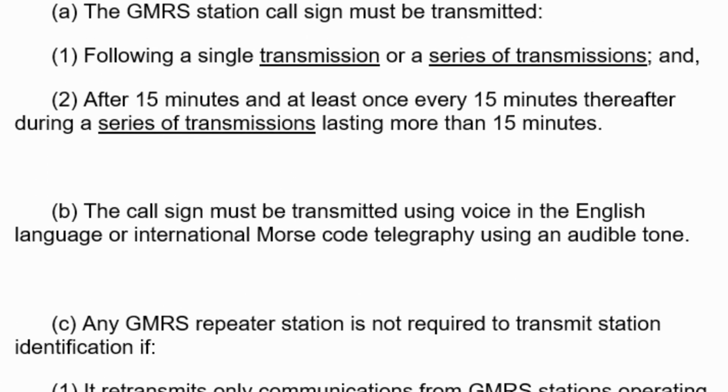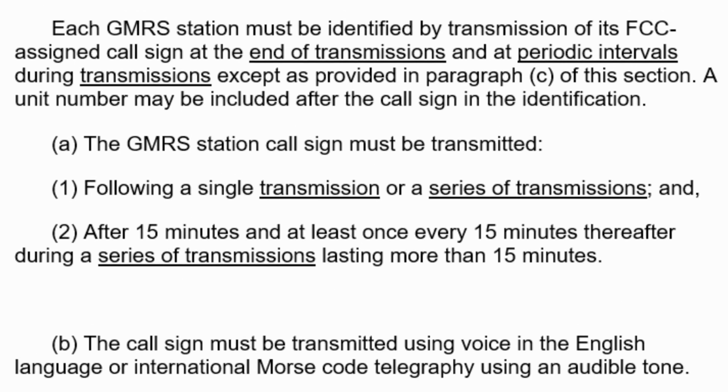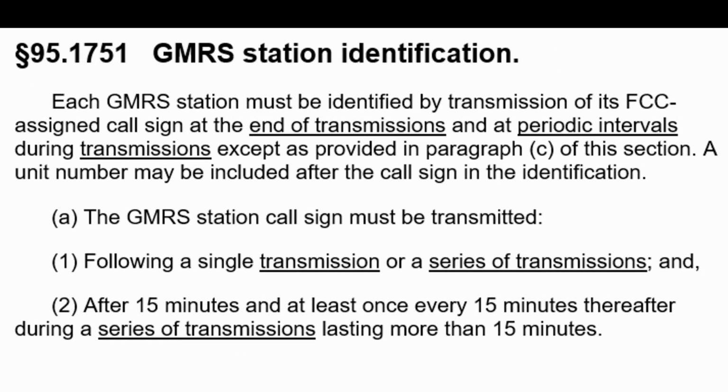So let's move back up to the top of the page and finish reading. Now the first section that we read pretty much says the same thing that A1 and A2 say.